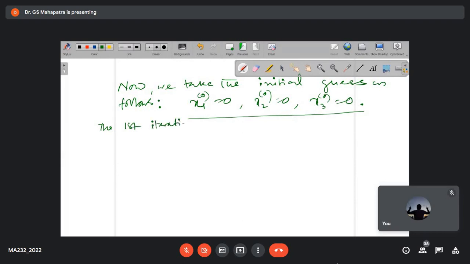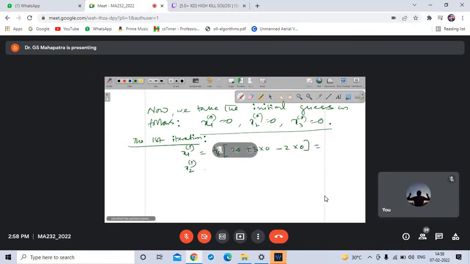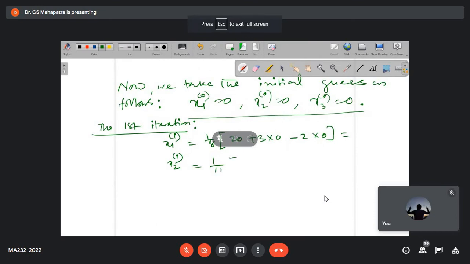I don't know the solution, now you have to answer it, then only I can write. But that formula I know: 1 by 8, it is written over here, so plus 3 into 0 minus 2 into 0. This one you have to find. Then 1 by 11, 33 minus 4 into what is the answer?